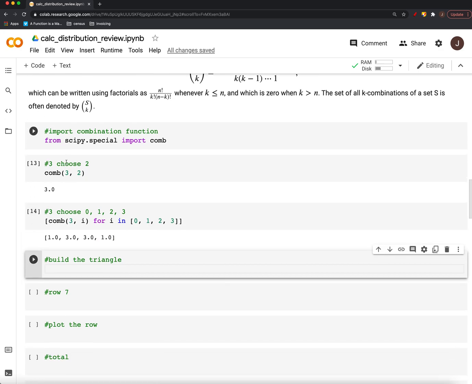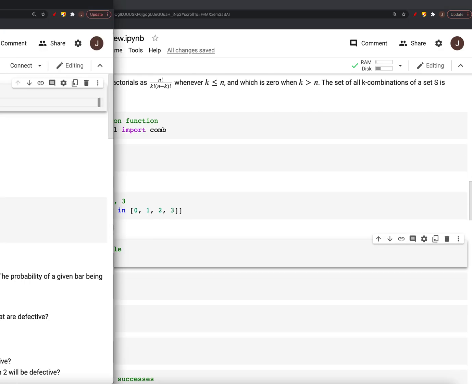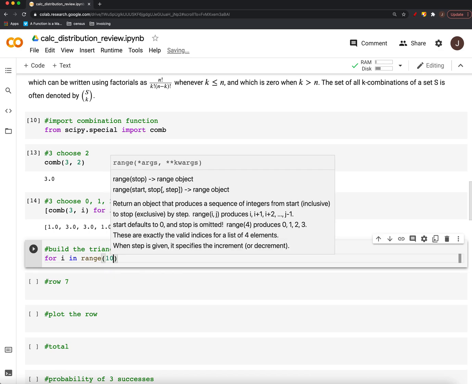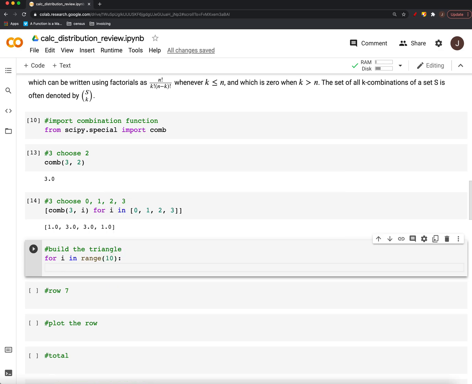And further still, we were interested in generalizing this to not only 3 tosses, but what if we had 4 coins, or 5 coins, or 6 coins, and so on. So we built a little triangle, often called Pascal's triangle.